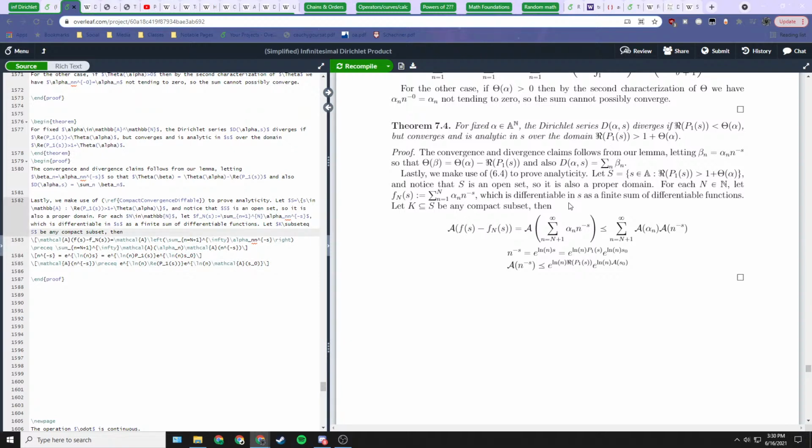Okay, so let K be any compact subset, then we can find A in A sub re such that A of S is bounded by A for all S in capital K, the compact set.